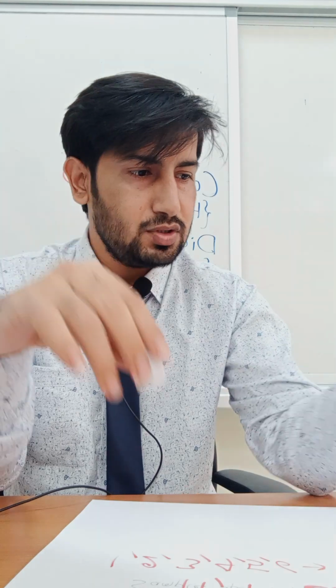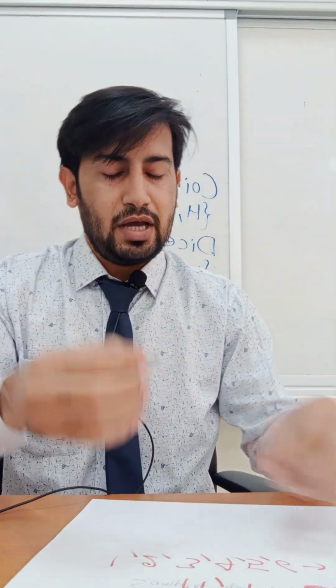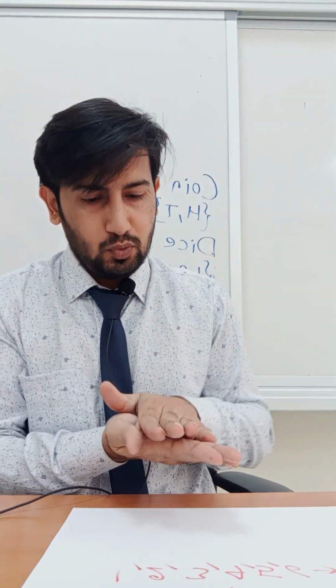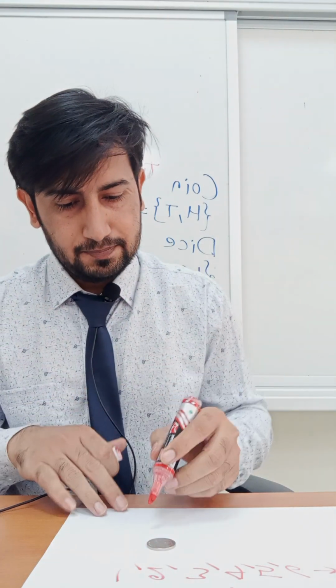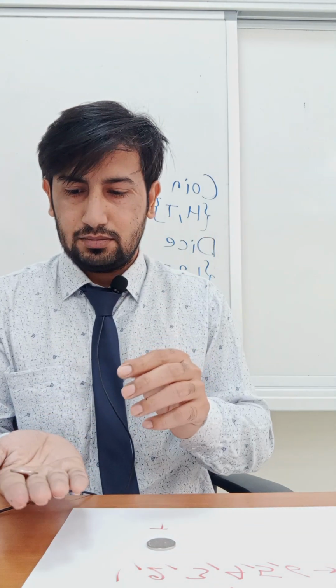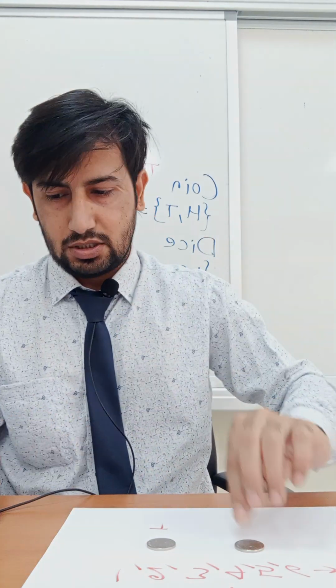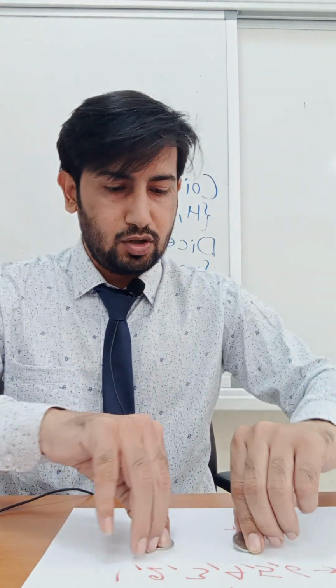You know it now individually. What about if I do an experiment when you have 2 coins? So first I will flip 1 coin, okay? I got a tail in this case. Second, I flip again, and here also I got a tail. So here one combination is tail and tail.